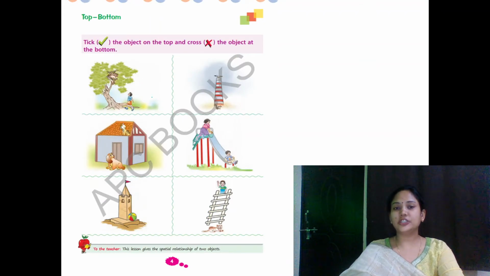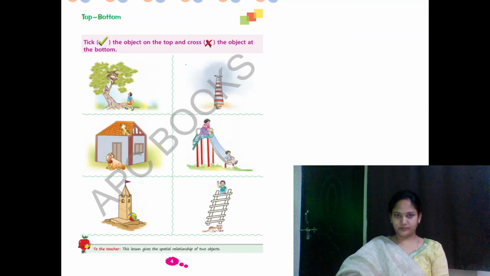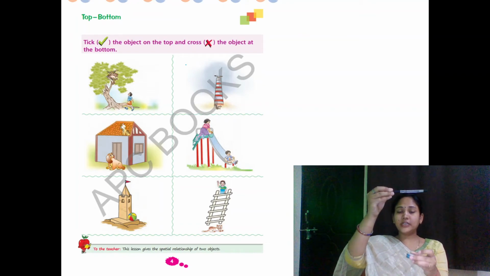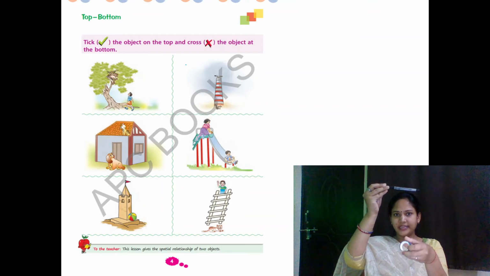Now next, children, yesterday we saw top and bottom. Okay. Now if I have like this, which object is at the top? Yes. So the pen is at the top, but the sellotape ring is at the bottom. Very good.